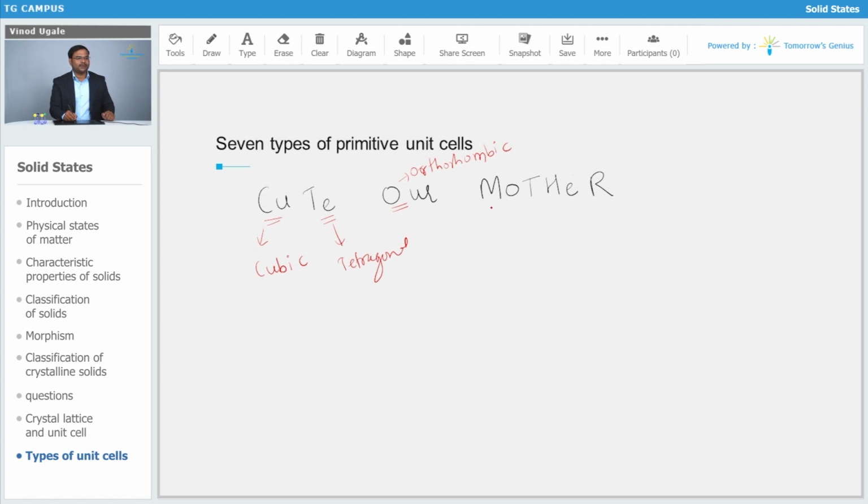This M is going to stand for the monoclinic. Then this T will be for triclinic. He is going to be for the hexagonal, and the last R obviously is going to be for the rhombohedral.